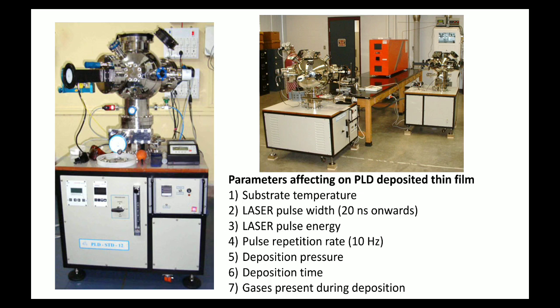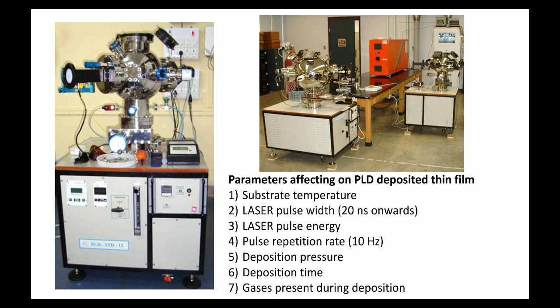Number 7 is the gas present during deposition. As I said, if you are depositing some metals with pulsed laser deposition, then you need not use oxygen. But most of the time, metal oxides are basically used for this pulsed laser deposition technique, and so you supply some oxygen there in order to minimize the oxygen vacancies.